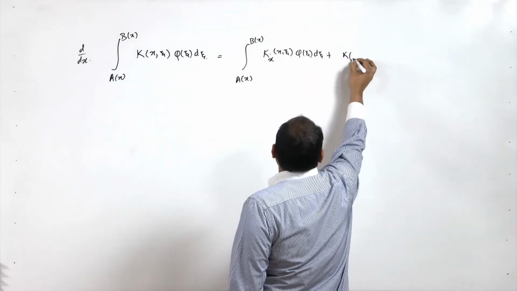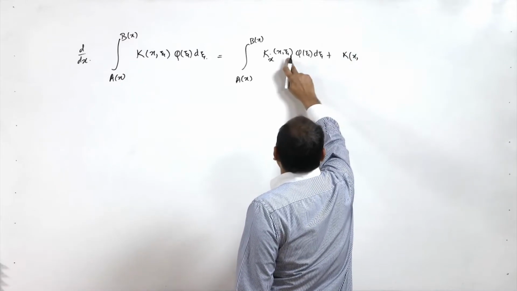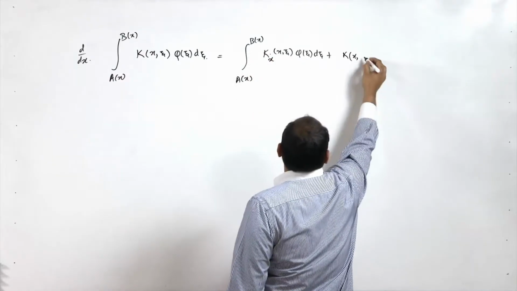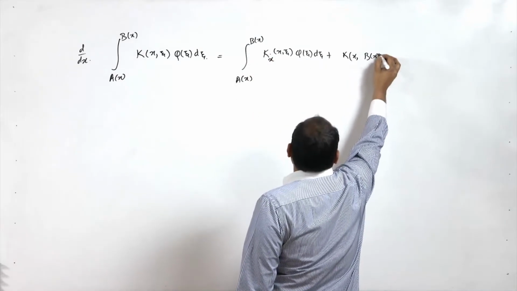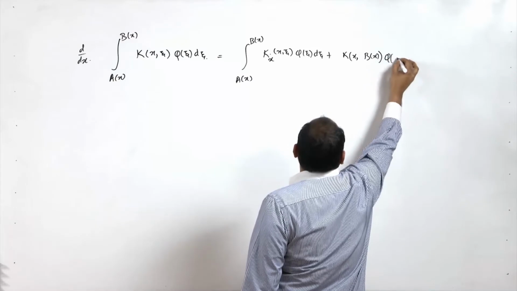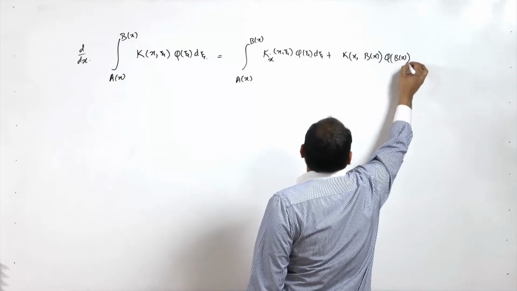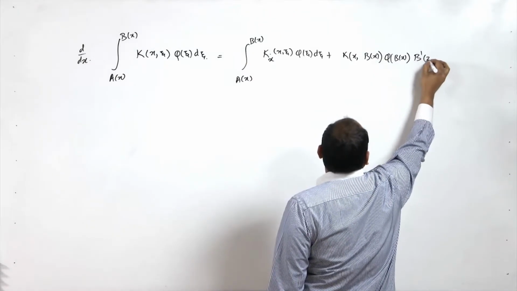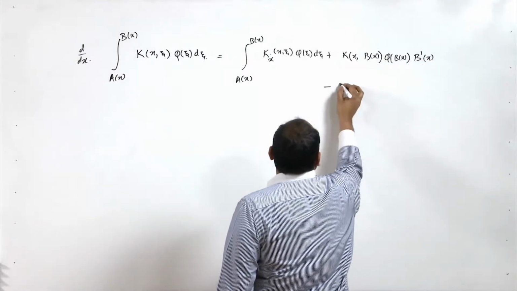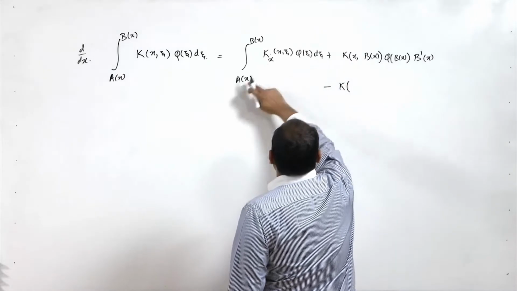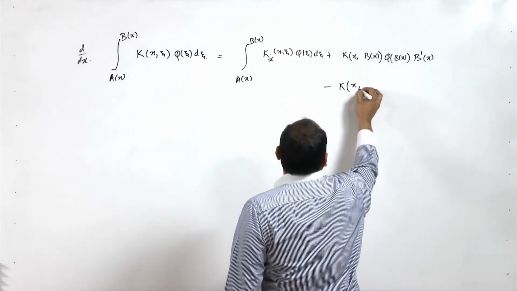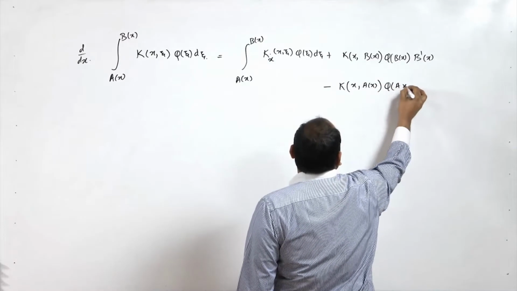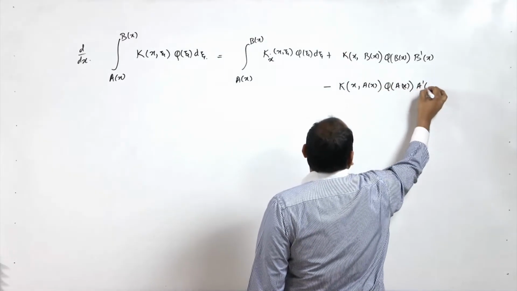So you take x in place of xi, in place of the integration variable you put b(x). So phi of b(x) here, and the differentiation of this, b dash x, minus, and now in place of xi you write the lower limit a(x): phi of a(x) and a dash x.